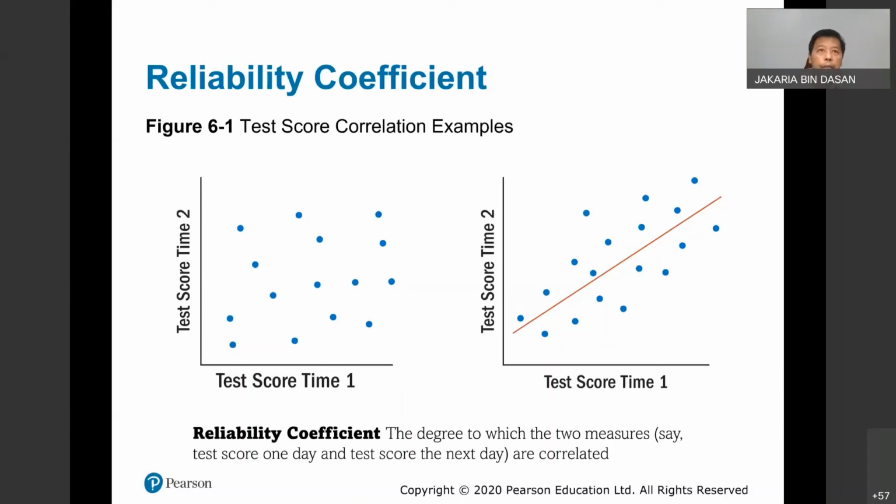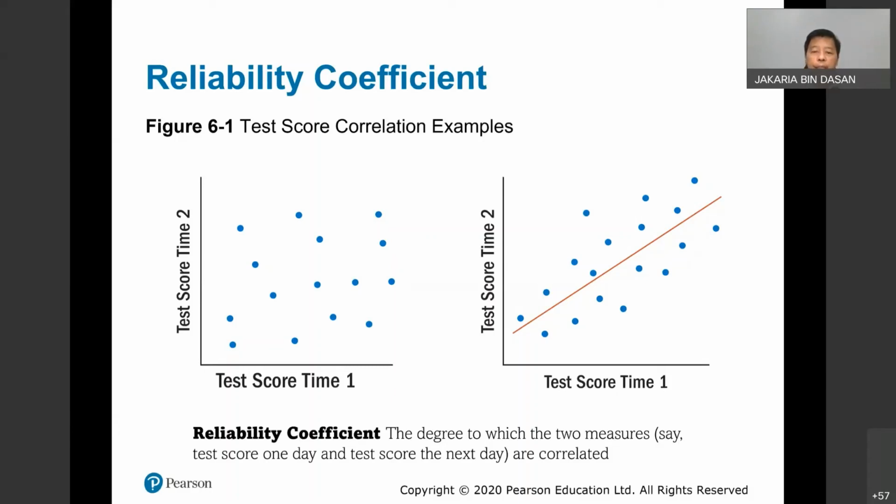So this is not a good reliability coefficient. In words, we refer to this as not meeting the right target. The second one, the right one, is the highest reliability coefficient, in which almost all the dots come nearest to the line in the middle.